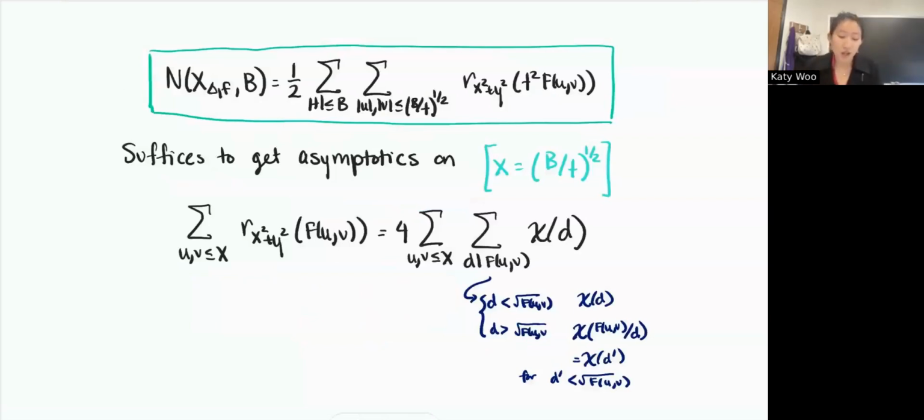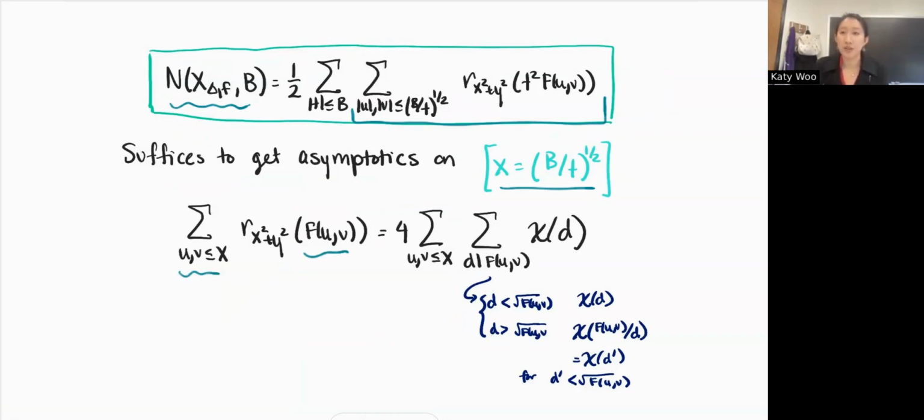So first, we want to count the number of points of height at most b, and it'll turn out it suffices to get asymptotics on this inner sum and then do the sum over t at the very end. So think of x as b over t to the 1/2. What we want to understand is the sum over u and v up to x of r of f of uv.